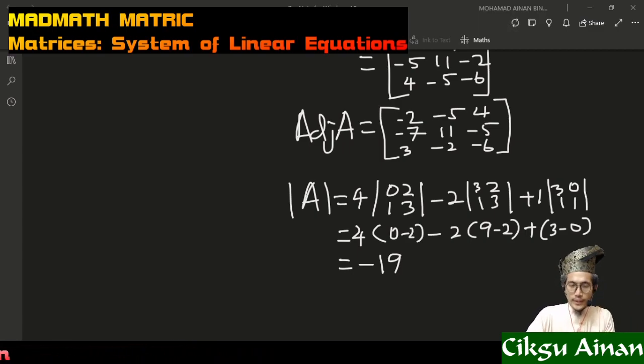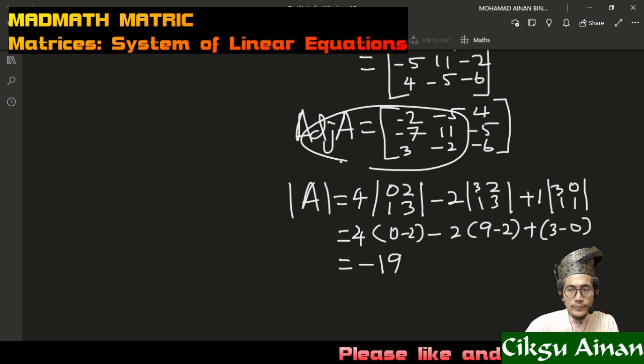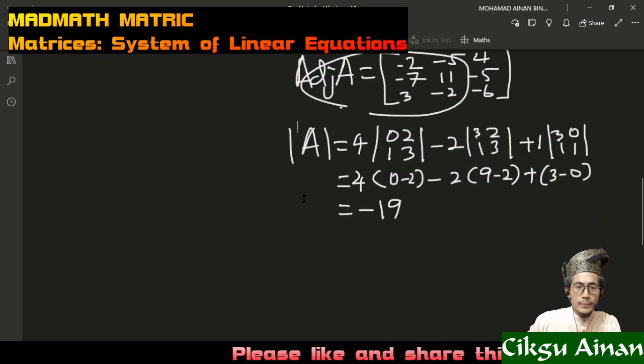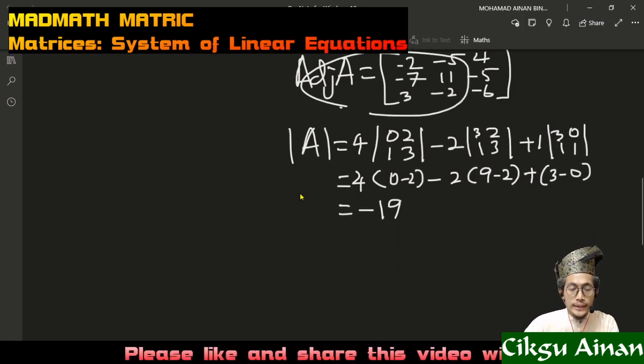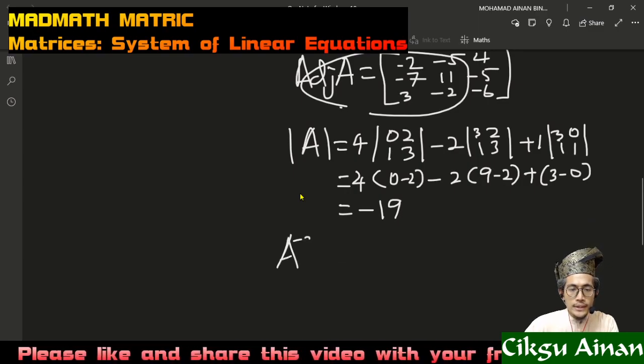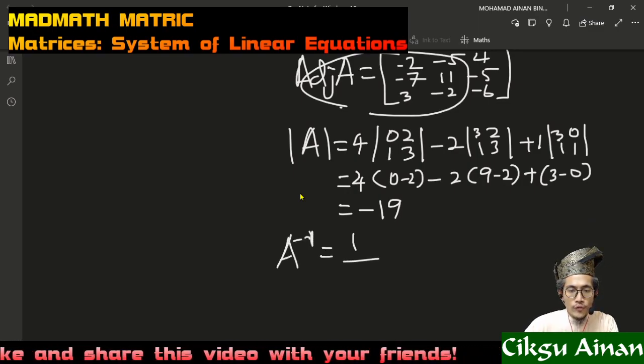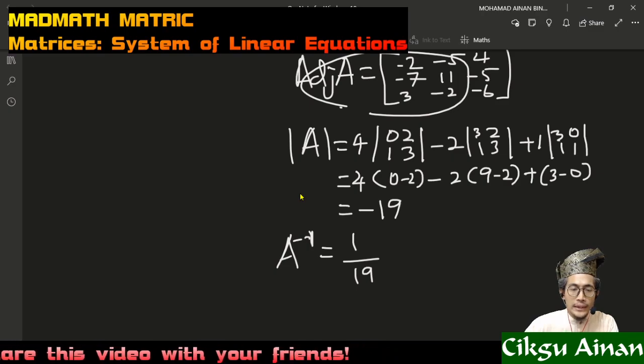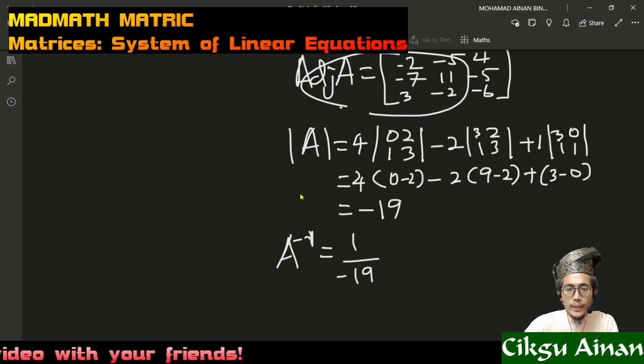Okay, perfect. So we can just take this adjoint and then multiply it with 1 over the determinant. So A inverse is 1 over minus 19. I said minus but put 1. And then multiply by the matrix.